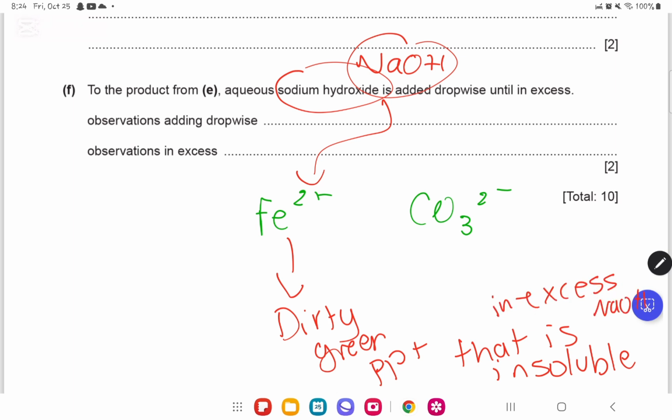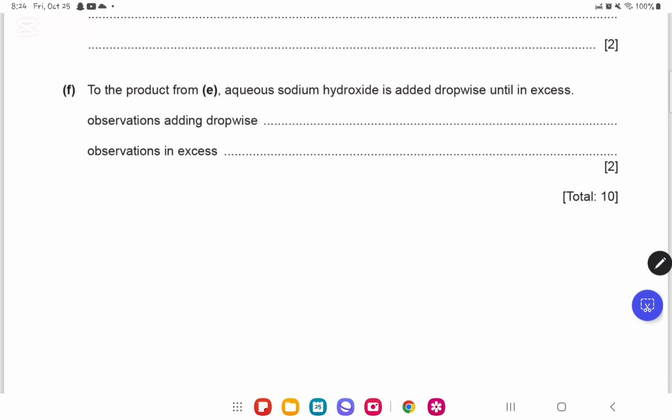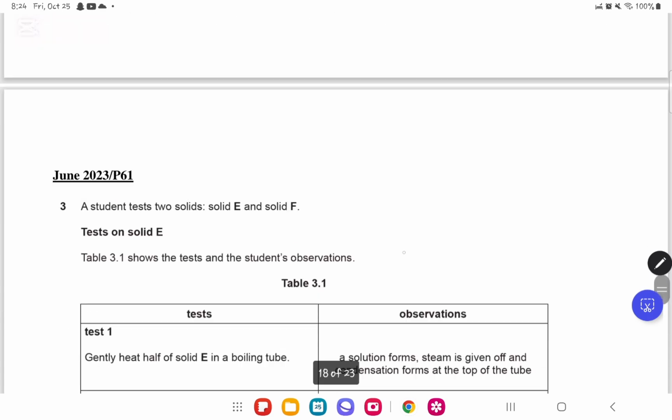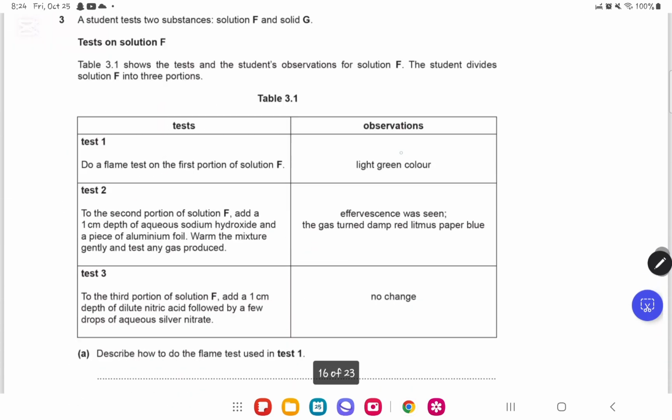So very simply, by adding dropwise, like they're saying adding small drops, you will see a dirty green precipitate, and when you add excess, it doesn't dissolve. So that's the June 2023 paper 62.